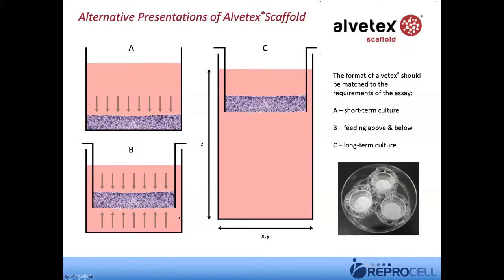The other thing to consider is that when you're growing such cultures in 3D, you have many more cells per unit volume of medium than you would normally in a conventional multi-well plate.